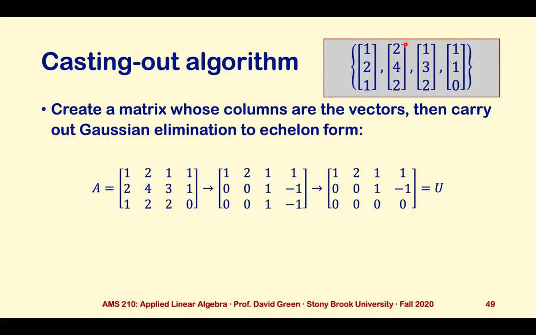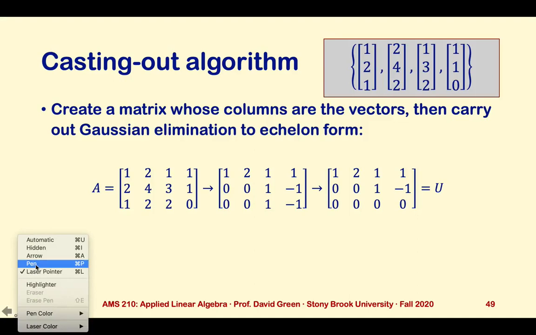In this case, they were presented as columns, and so the matrix we work with is really simply combining these vectors: 1, 2, 1, 2, 4, 2, 1, 3, 2, and 1, 1, 0. And then we're ready to begin.